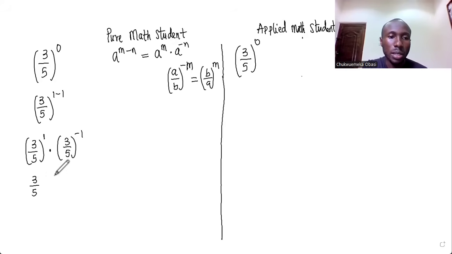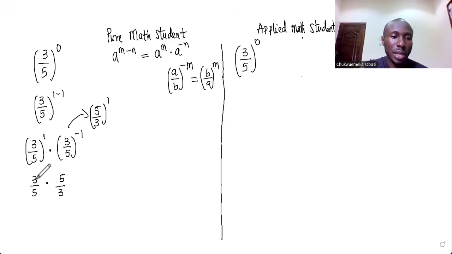Then times this one, we want to get rid of the negative 1, so it becomes (5/3) to the positive 1, which is the same as 5/3.